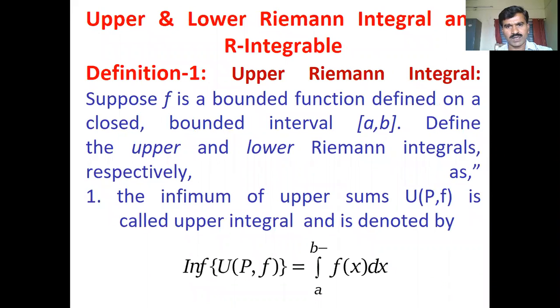Let us define the upper and lower Riemann integrals along with the R integral. Let us suppose f is a bounded function defined on a closed bounded interval [a, b].